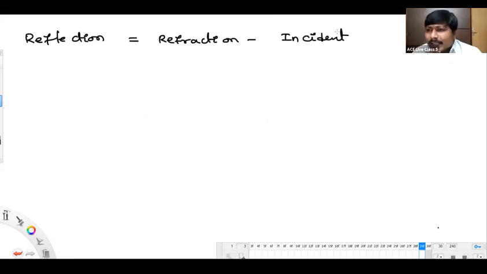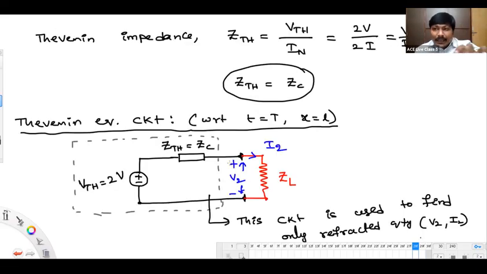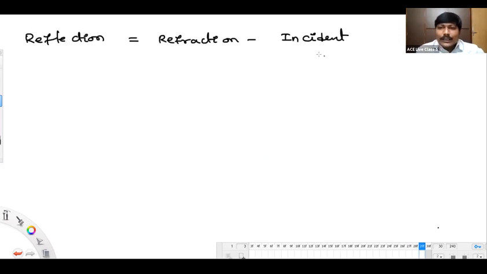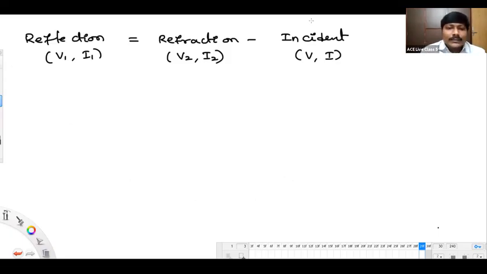What are the incident quantities here? Incident quantities will be as it is, V, I only. There is no change in the incident quantities. Just remember that this is a circuit equivalent you constructed on the paper, but this is the original one on which we are doing the transient study. So incident will be V, I, still the same. Notations, if you want, write V1, I1 here, and this is V2, I2. Yeah, correct, Sadish.